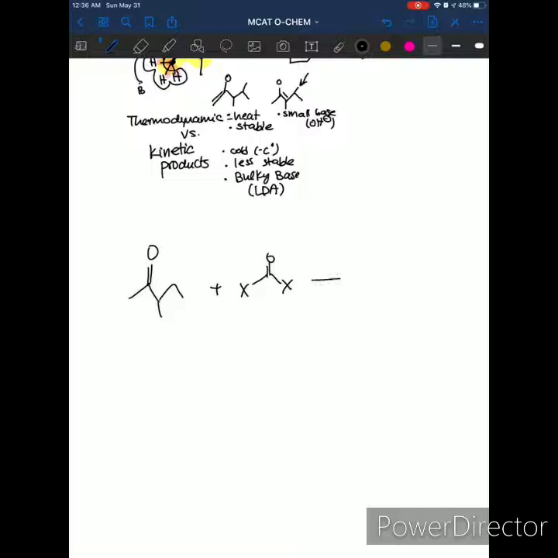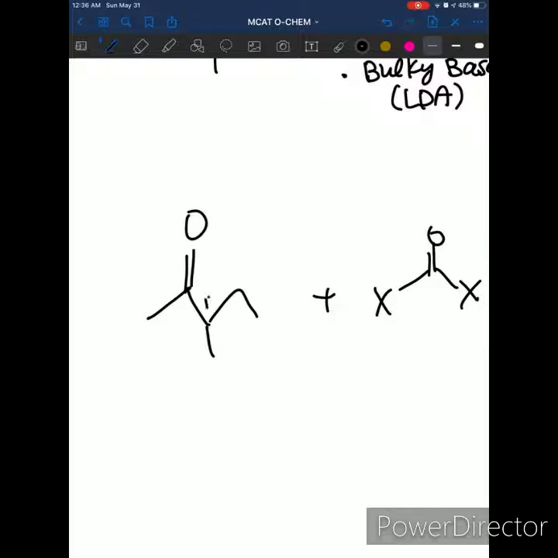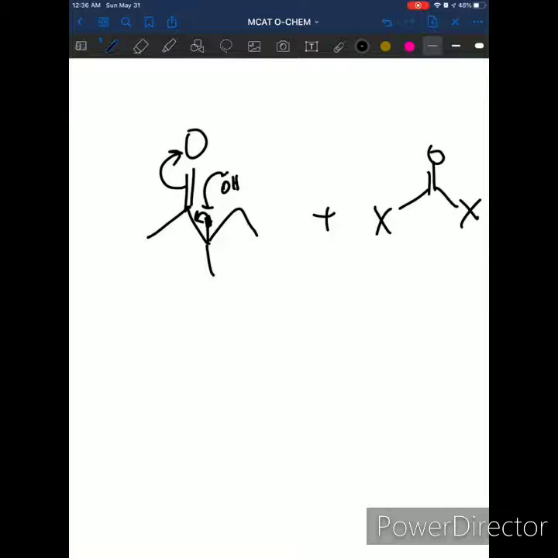Okay, so if I were to add NaOH and heat, this is what would happen. I would have a small base that would take this hydrogen, capture it, right? An OH right here would take away this hydrogen, and this hydrogen would donate its electrons to this carbon, and these electrons would go there. Let me go ahead and do it in a different color so it's a little bit easier for you guys to see.